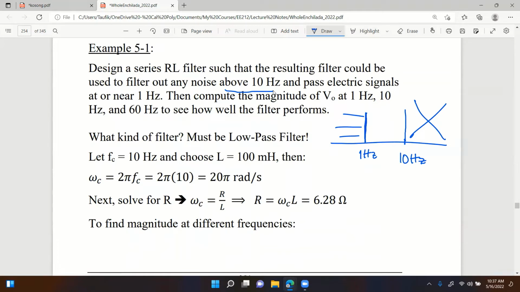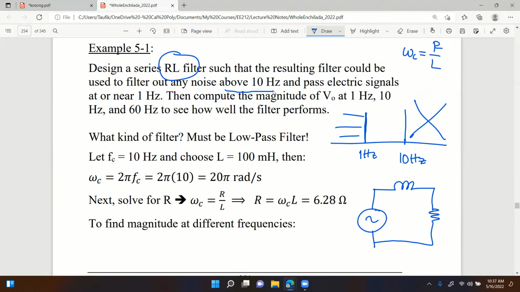Now, how do you design this? In order to design the RL filter, you need to know how to size the L and the R. Well, we already know the equation for omega C, which is R over L. So if you choose omega C, the cutoff frequency, then from there you can get R over L. But how do you choose the cutoff frequency?